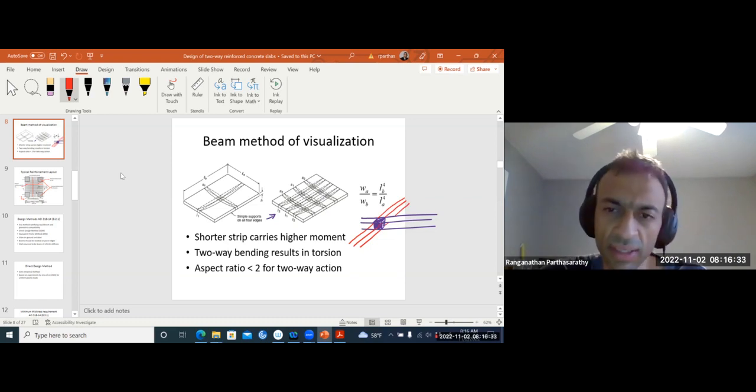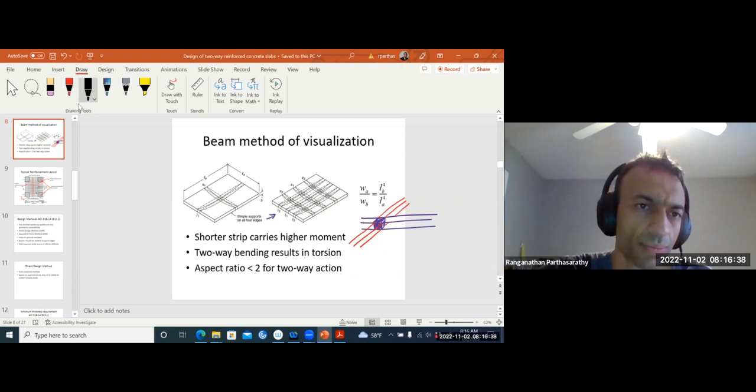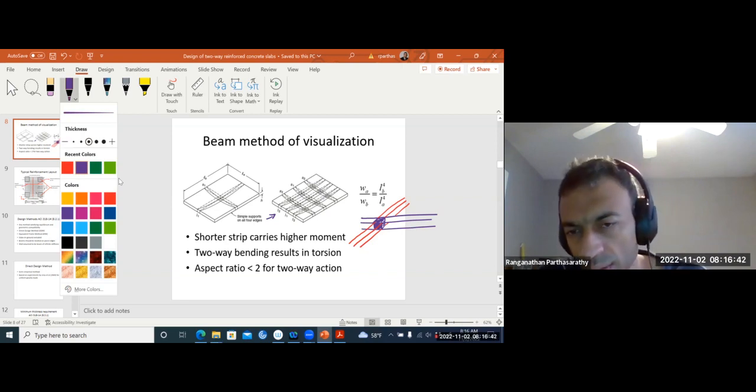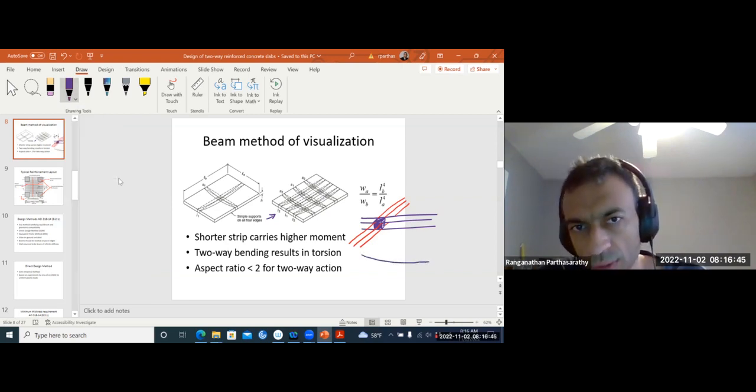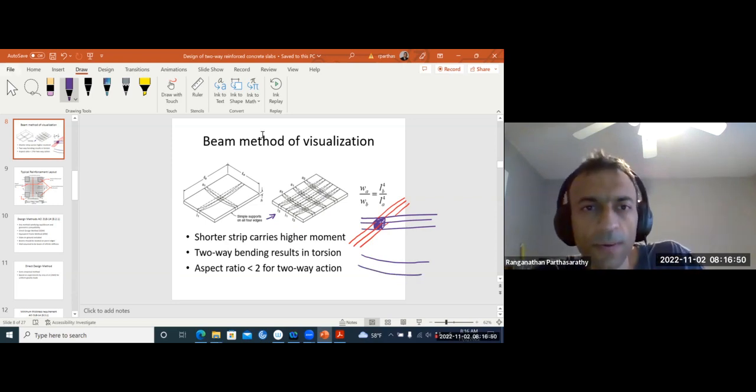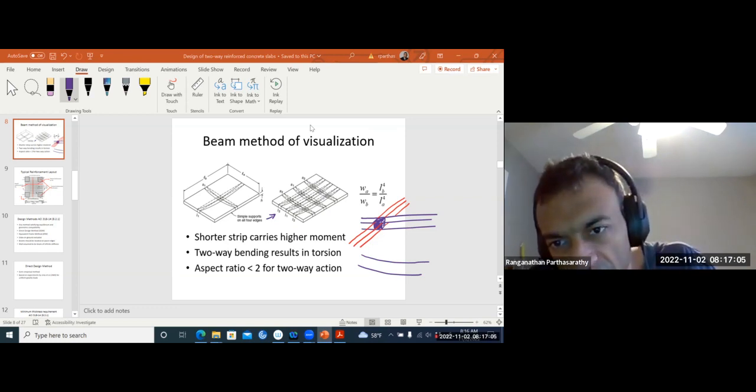L2 is going like that. Now, when S2 bends, this piece will rotate like this.